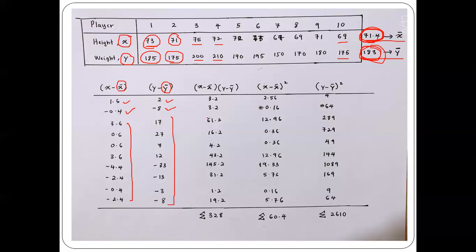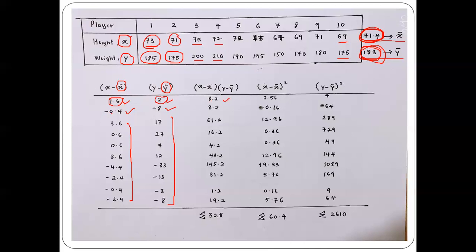Now you must get the value of x minus x bar times y minus y bar. So for example, 1.6 times y minus y bar, that is 2. So 1.6 times 2, you will get 3.2.